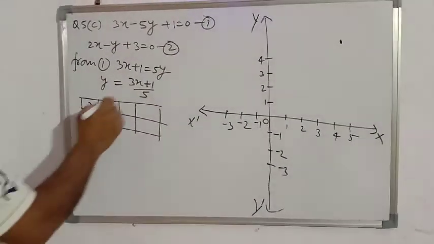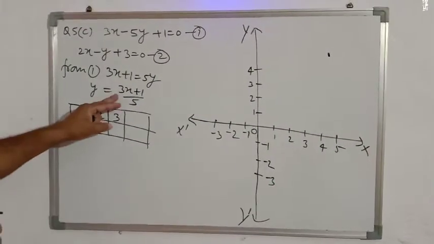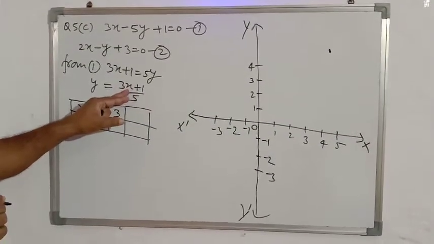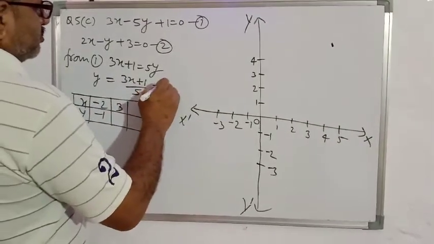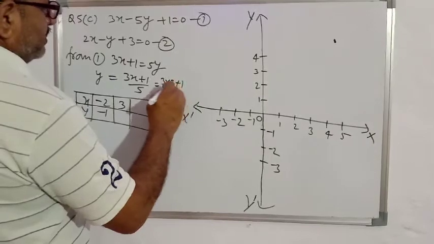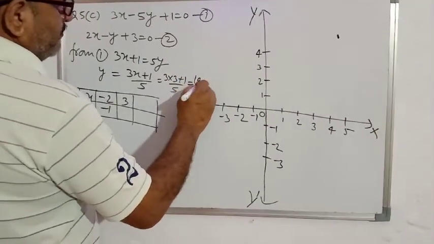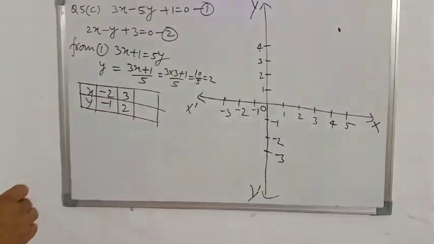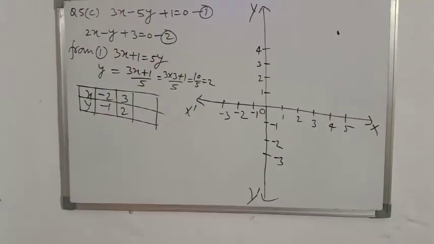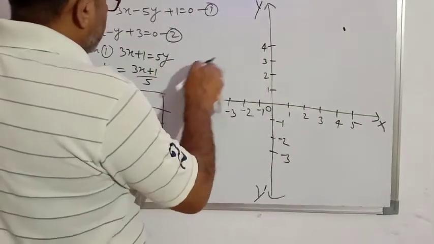Next, if we take x is equal to 3: 3 into 3, 9, plus 1, 10 by 5, 2. So at x is equal to 3, y will be 2. Take one more value of x.